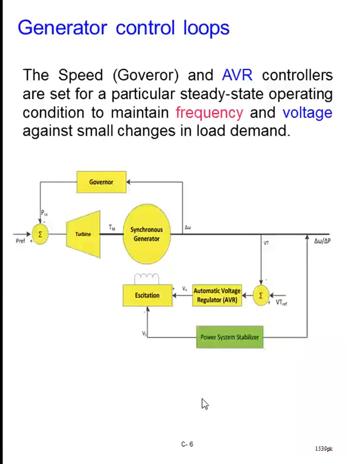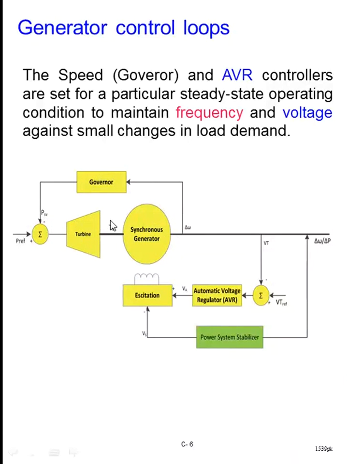Maybe I have also referred to this control that we have on the generator in a different form of the block diagram, but as you can see here, we have the generator coupled to the turbine, and then we have the governor to regulate the amount of turbine power generation.